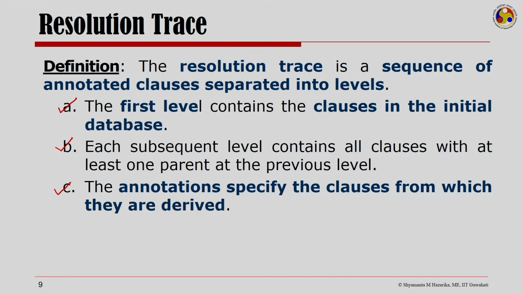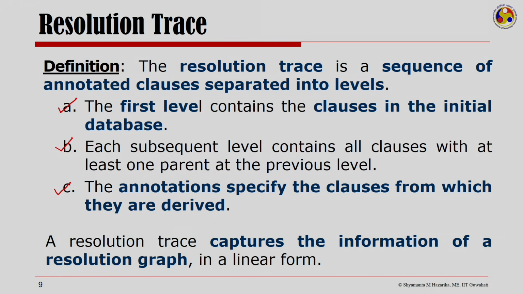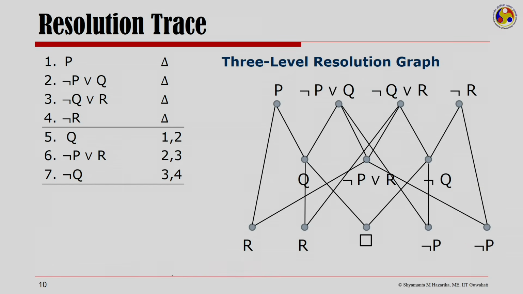It is important for us to realize that the resolution trace actually captures the information of a resolution graph, but in a linear form, so that readability is improved, and I can see how the resolution is proceeding. So, here on the left of your screens is the resolution trace of the resolution graph that we have seen a little while ago.